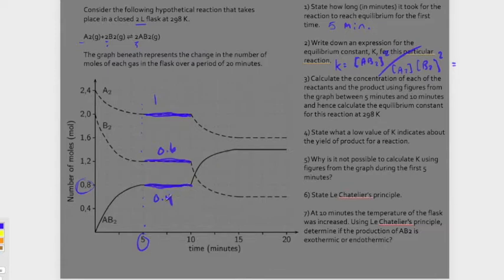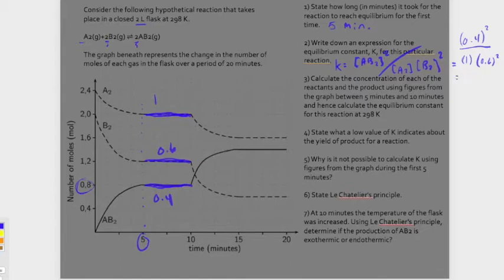It would be the concentration of AB2 raised to the second power, so that's going to be 0.4 squared, divided by the concentration of A2 raised to the first power, that's going to be 1, times the concentration of B2 raised to the second power, that's going to be 0.6 squared.